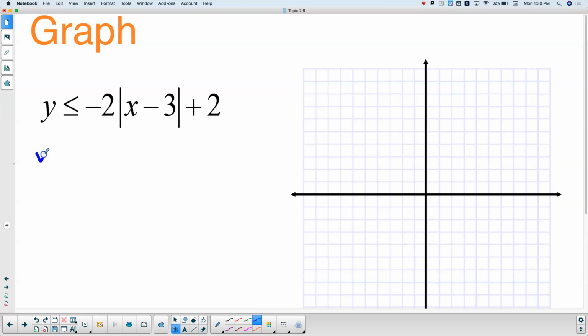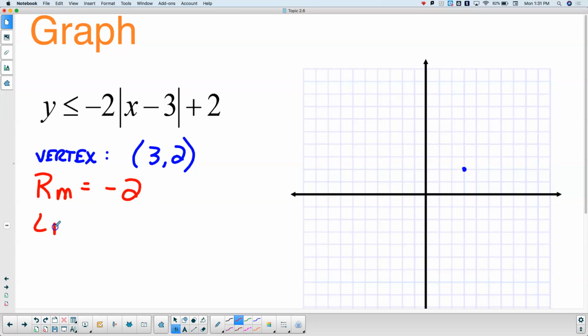Vertex? Right side slope? Right side slope is what? Negative 2.